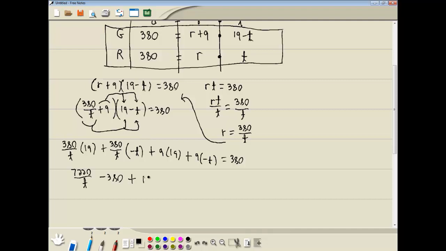171. Let's see, 81, put the 1, carry the 8. Yeah, 171 minus 9t equals 380. And we've got 7,220 over t. And then let's combine those numbers together.